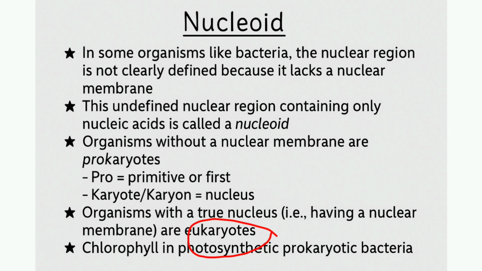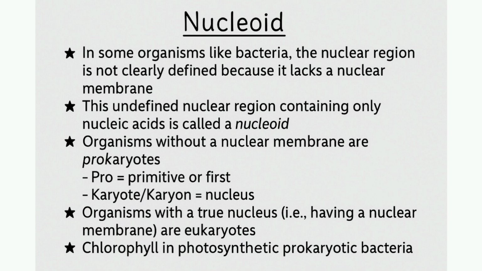Eu means true or well defined. Organisms with a primitive nucleus are called prokaryotes, and organisms with a true or well defined nucleus are called eukaryotes.